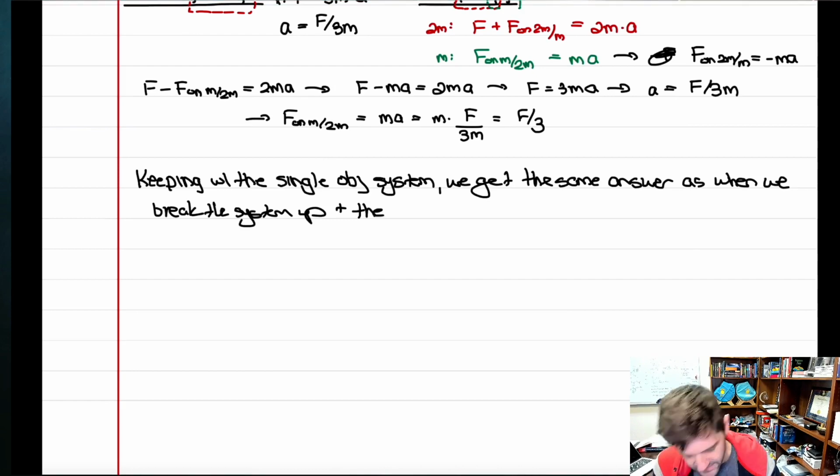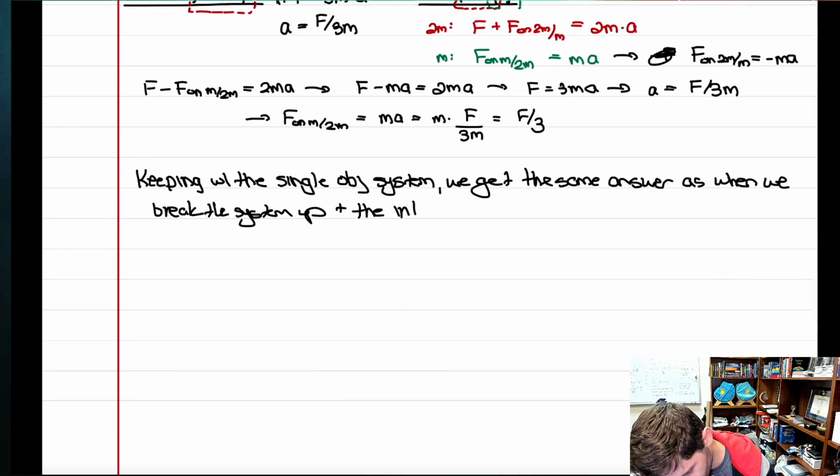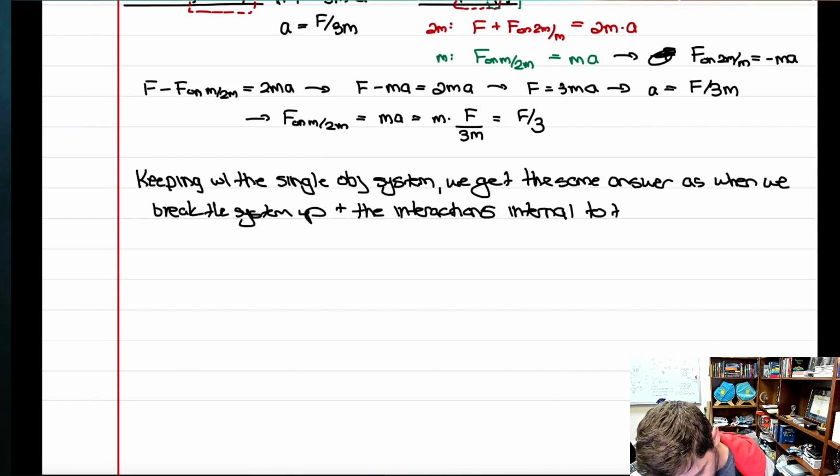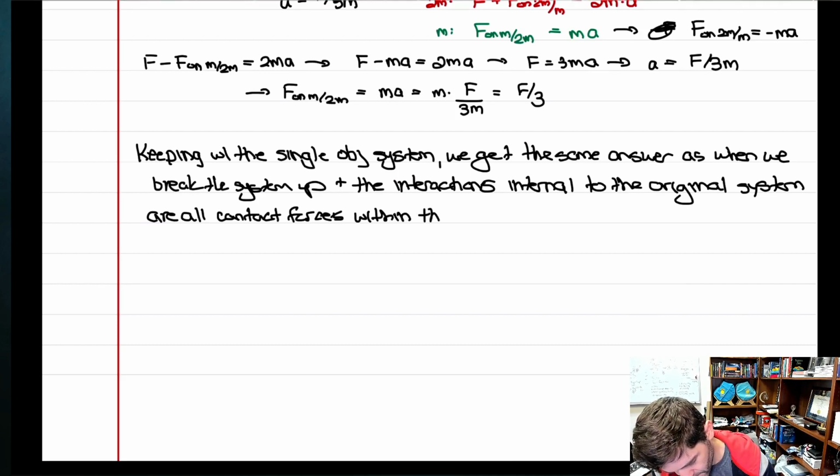And when we break the system up, the only interactions going on between those different parts now are Newton's third law kind of interaction, contact forces. So I might say that the interactions internal to the original system are all contact forces within the system.